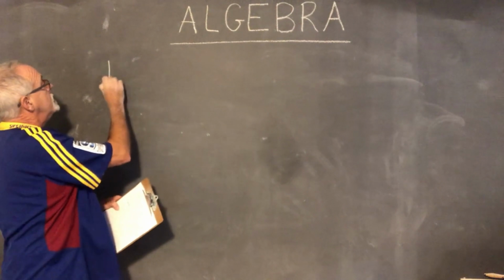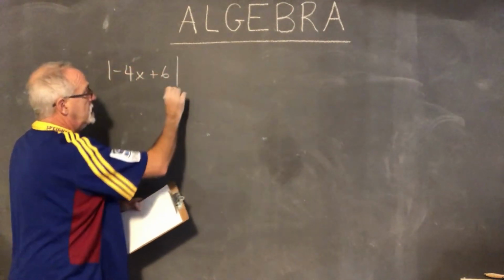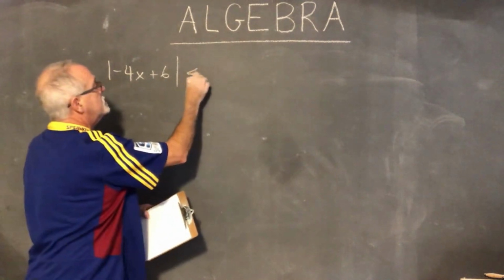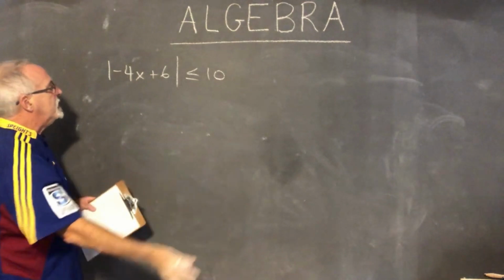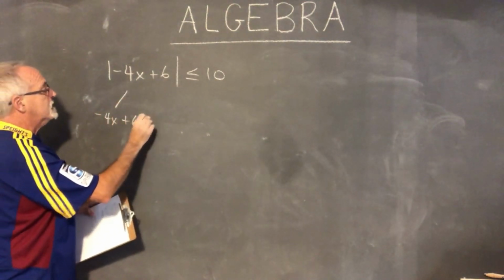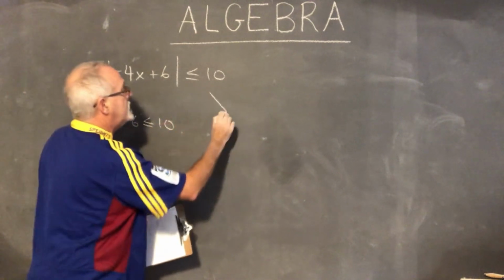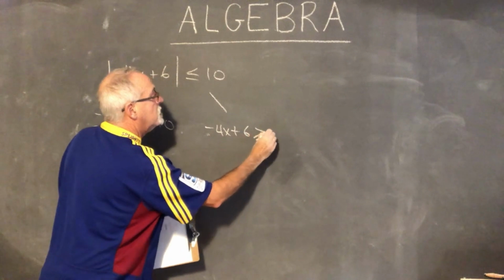Okay, how about negative 4x plus 6, all in absolute value bars, less than or equal to 10. It's all inside the bars, so I don't have to do simplification first. I'm splitting: negative 4x plus 6 less than or equal to 10, and negative 4x plus 6 greater than or equal to negative 10.